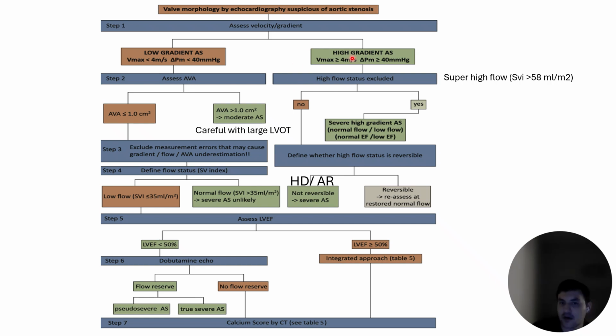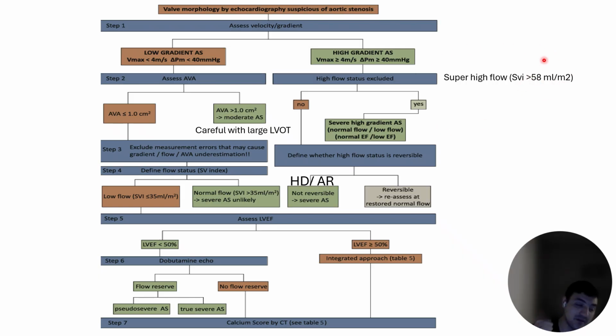Then, if you have a high gradient aortic stenosis, where the velocity is more than 4 and the gradient is more than 40, the next thing is, okay, you have aortic stenosis. Hold on, you have to evaluate whether the patient has a high flow status. High flow status is, for example, a stroke volume more than 58, as mentioned in the guidelines.